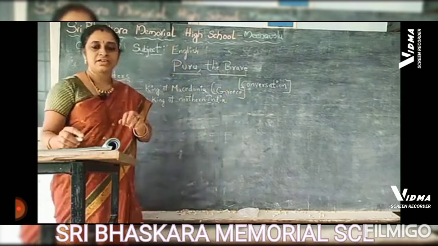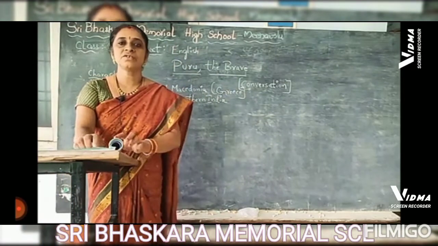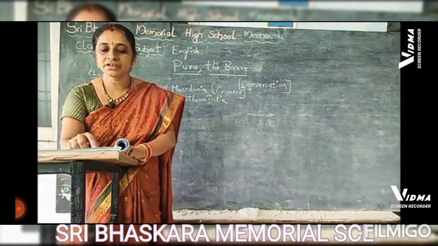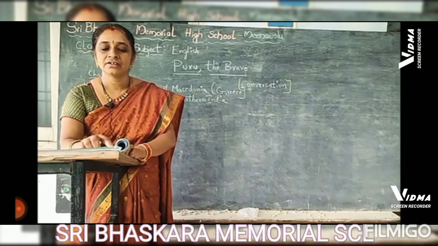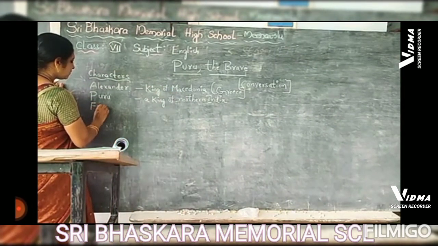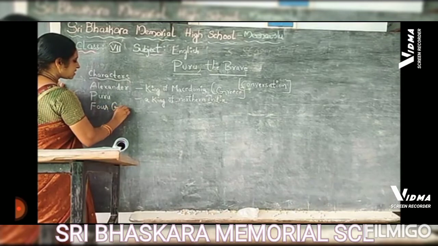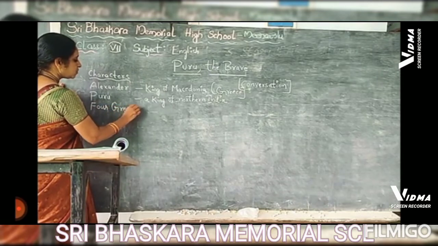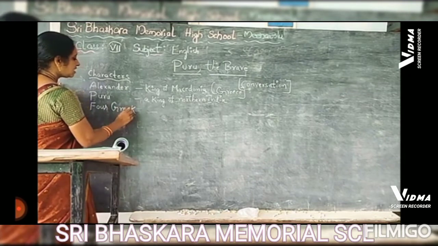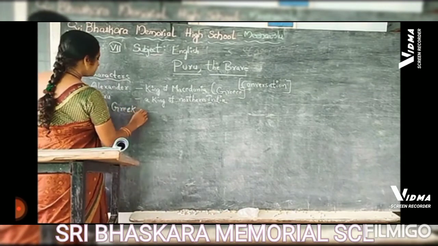Now, let us go to the lesson. Alexander, the king of Macedonia, who conquered Greece, Persia, etc. PURU, a king of northern India. And there are 4 Greek generals and 6 soldiers as other characters. One king is from Greece and another is from India.